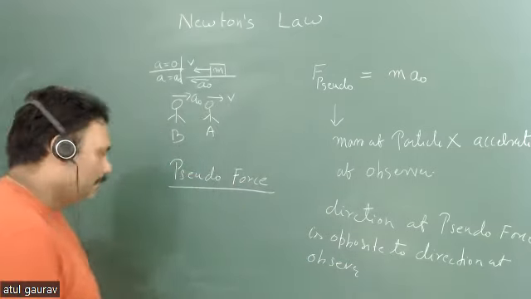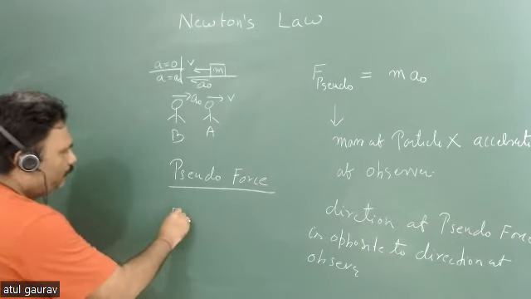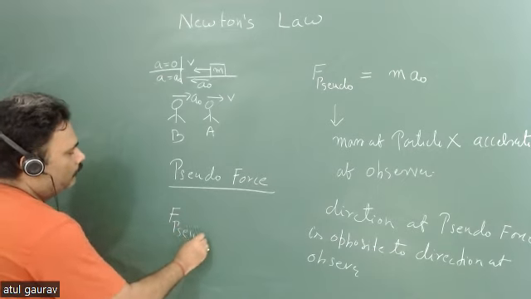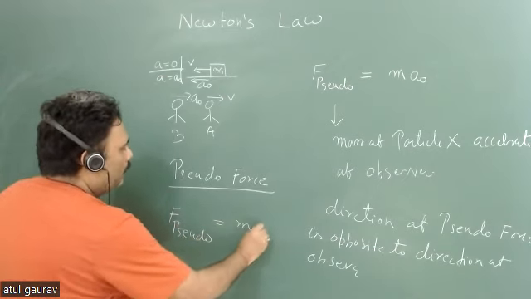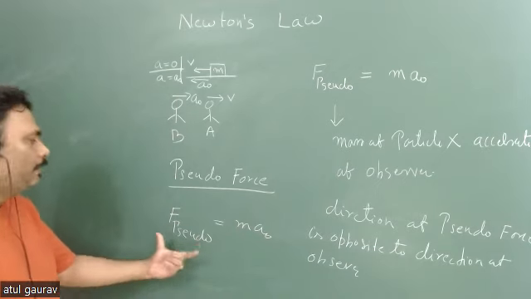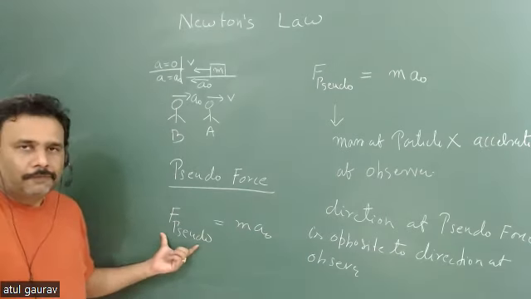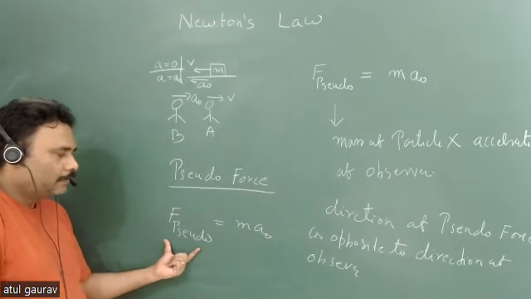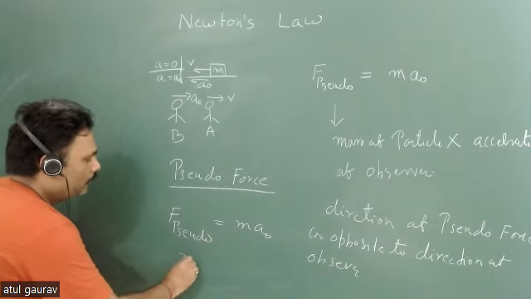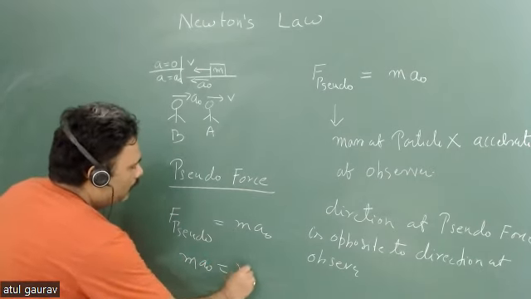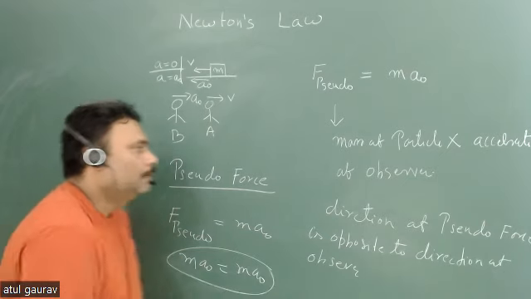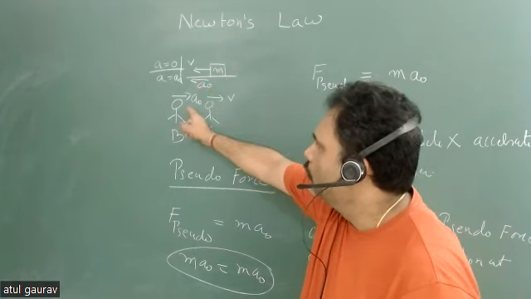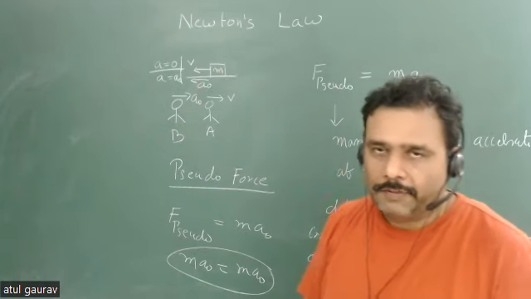So you have a fictitious force, which is not a real force, and that is equal to m into a naught. This force is equivalent to what? This is your effect, and this force is also m into a naught. So you justify the acceleration of the particle due to the acceleration of this particular observer.